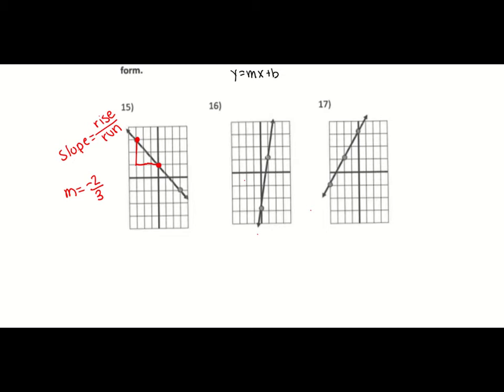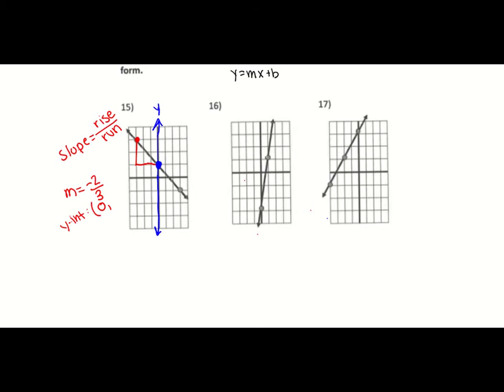My y-intercept, I have 0, comma, and then I've got to figure out where it crosses that y-axis. So if I look here, this is my y-axis. My line crosses right at this point, and that is y equals 1.